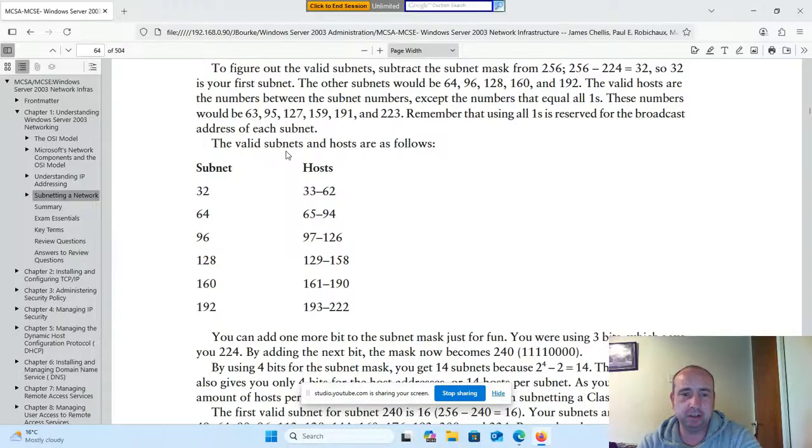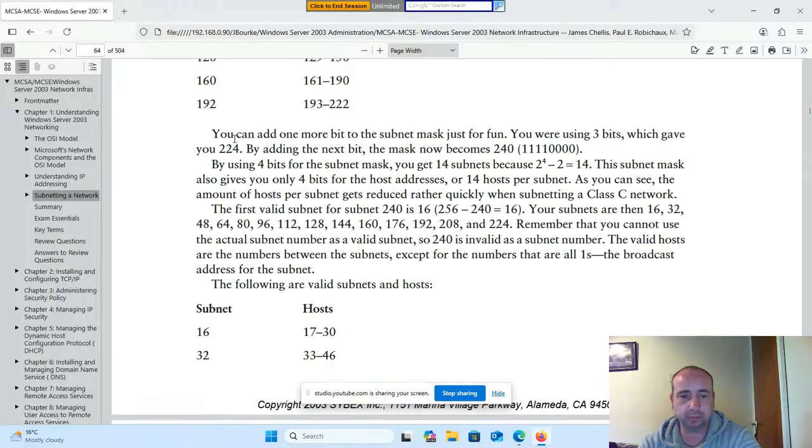The valid subnets and hosts are as follows: subnet 32, hosts 33 through 62; subnet 64, hosts 65 through 94; subnet 96, hosts 97 through 126; subnet 128, hosts 129 through 158; subnet 160, hosts 161 through 190; subnet 192, hosts 193 through 222.